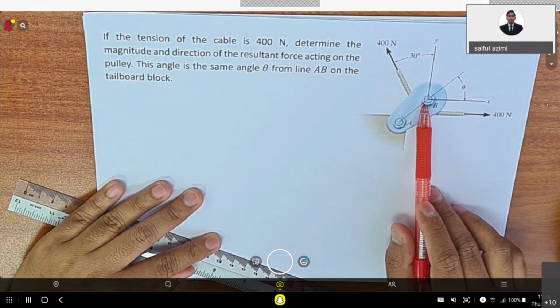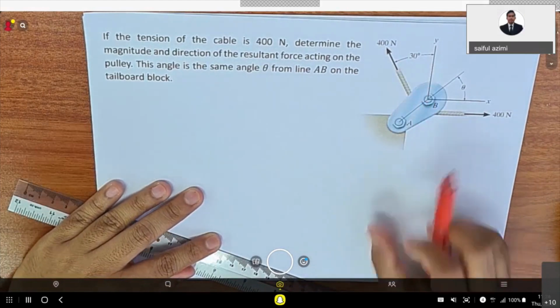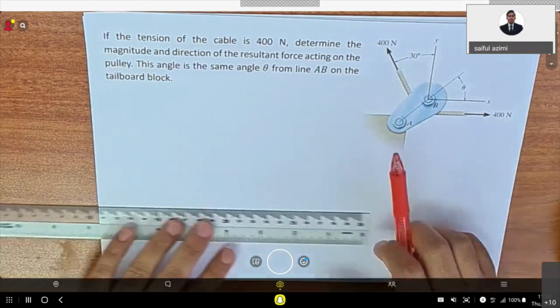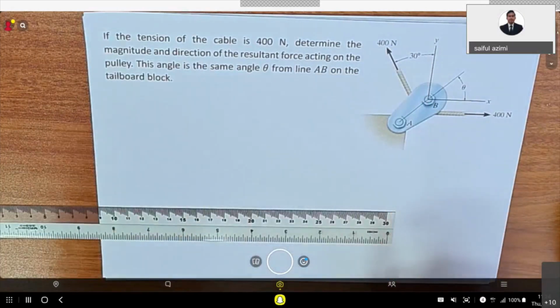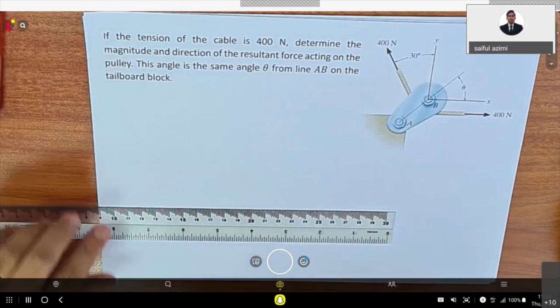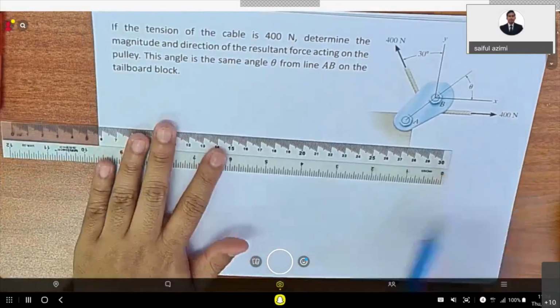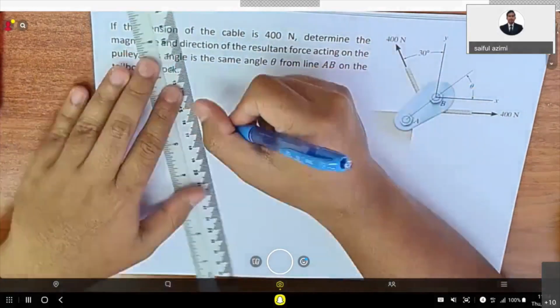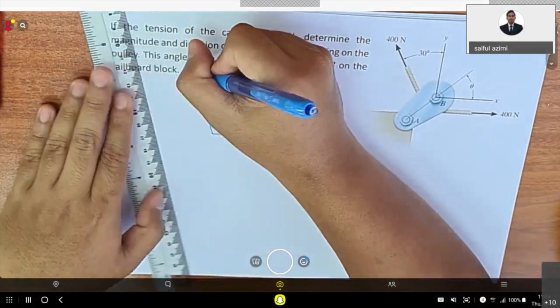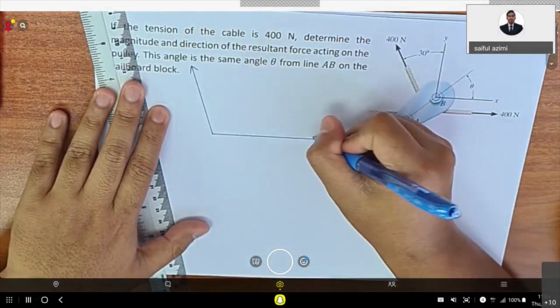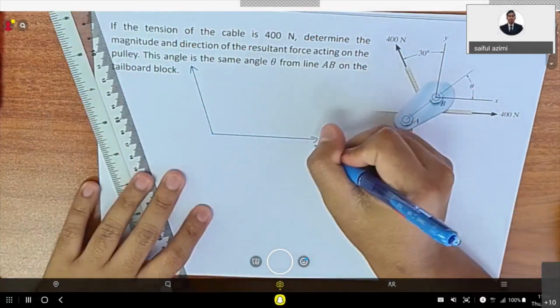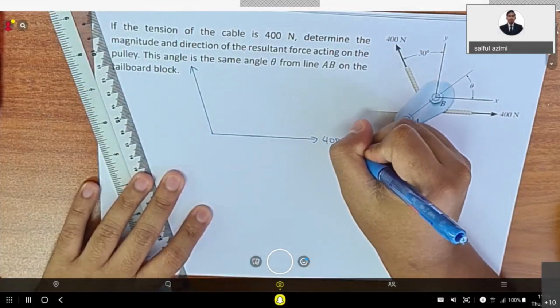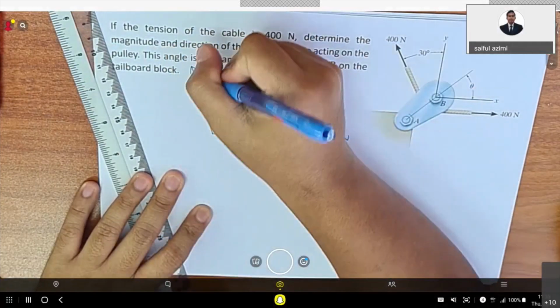So as usual, we should first draw the free body diagram. Let us draw first. Here, one here, 400 Newton, and this is also 400 Newton.